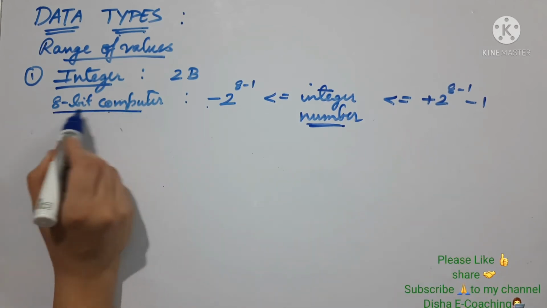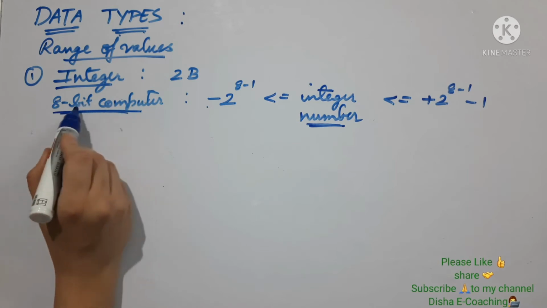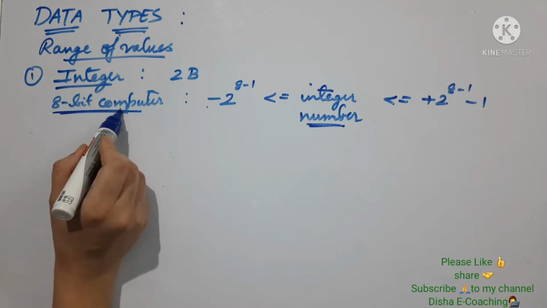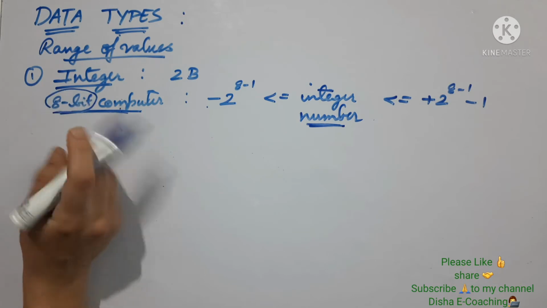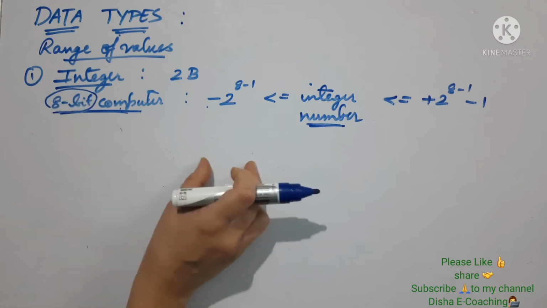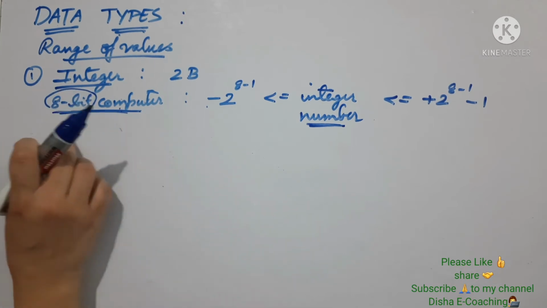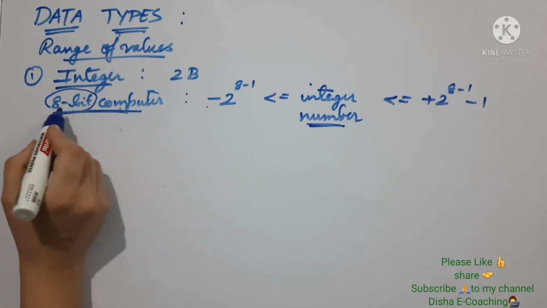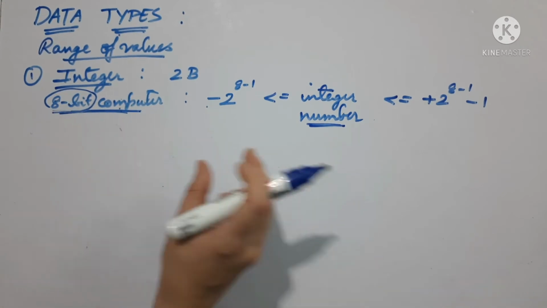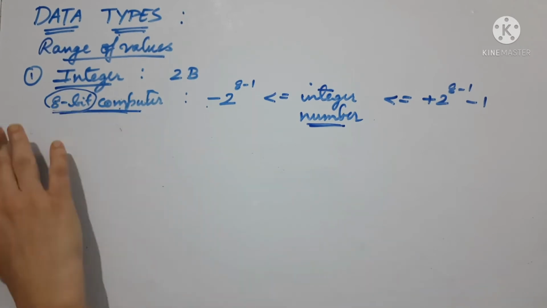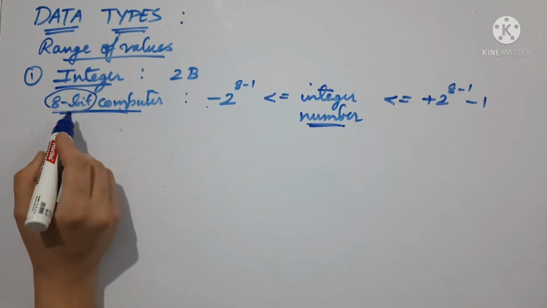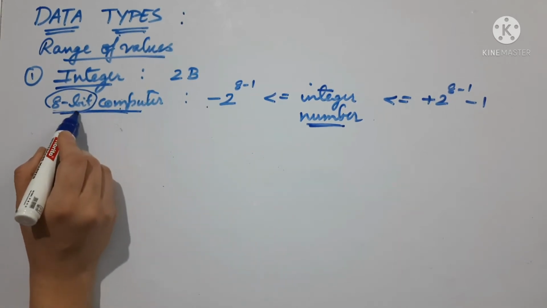Now what is the meaning of an 8-bit computer? An 8-bit computer means my computer can take 8 bits for data processing. Suppose I have some data, so only 8 bits are taken at a time and processed by the computer. It cannot take more than 8 bits. So that is my 8-bit computer. In this 8-bit computer, how large a range of numbers can be accommodated?